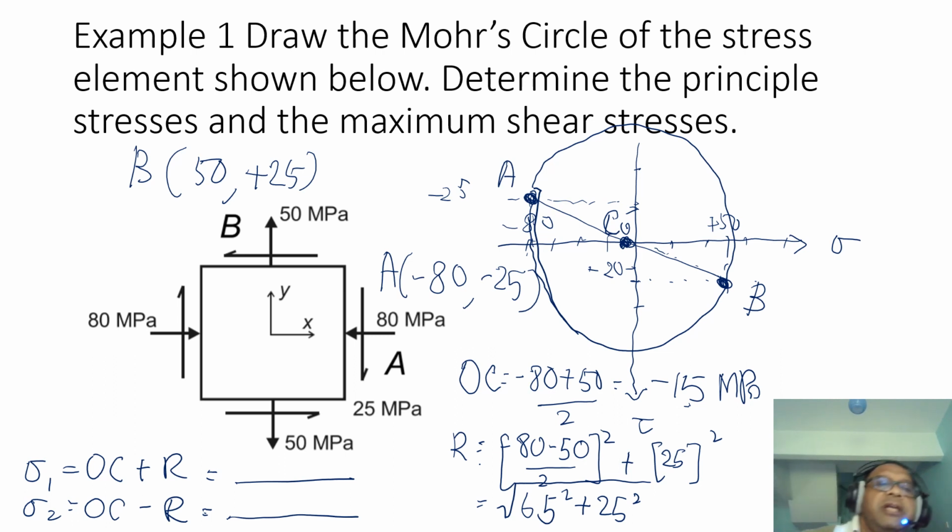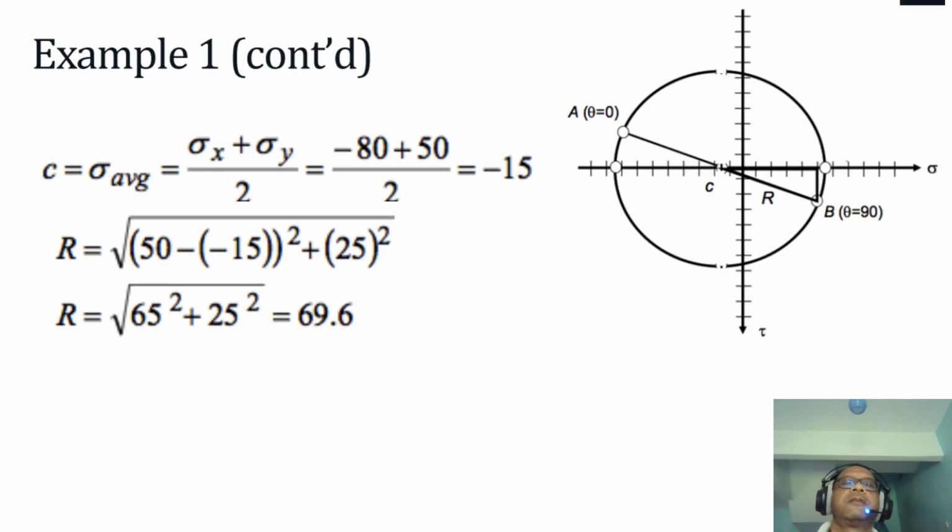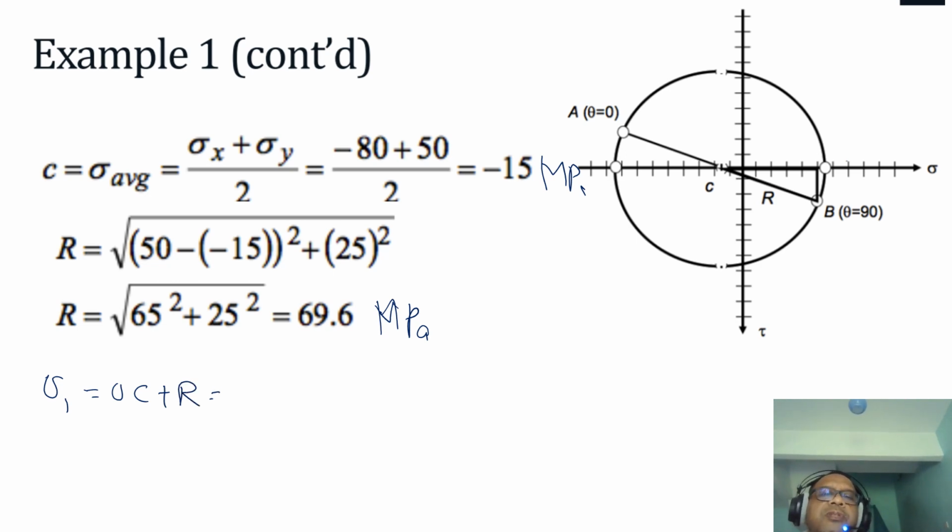So if you do that, you will find the solution: R is 69.6 megapascal, and then your average OC is minus 15 megapascal. So sigma 1 is OC plus R equals minus 15 plus 69.6, and sigma 2 is OC minus R, minus 15 minus 69.6.